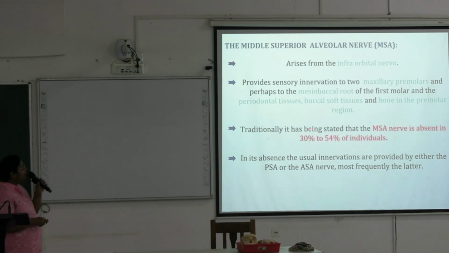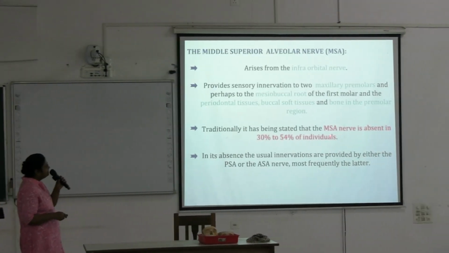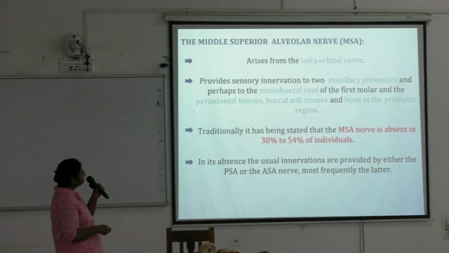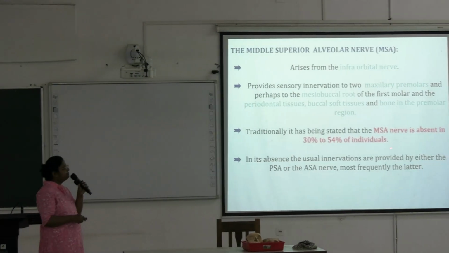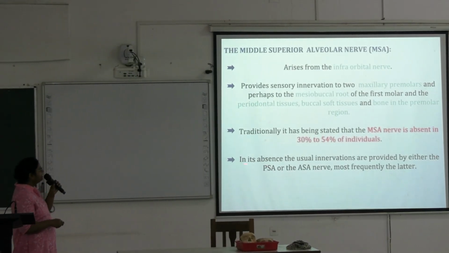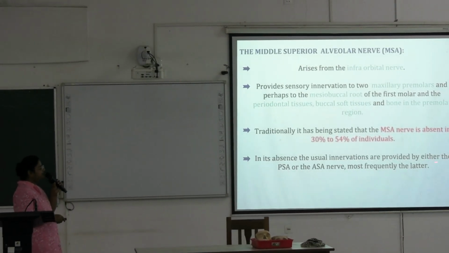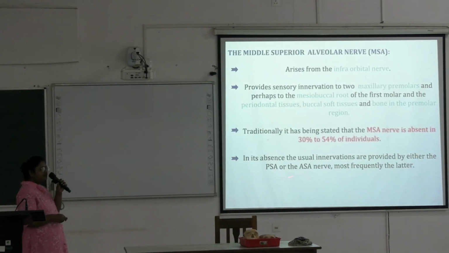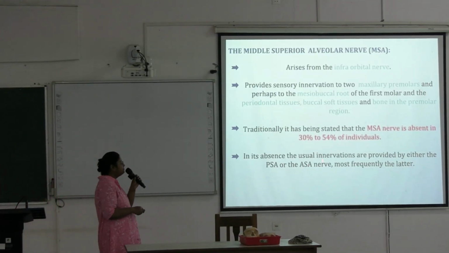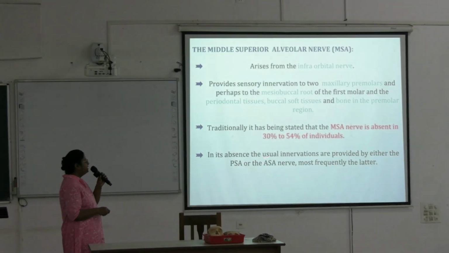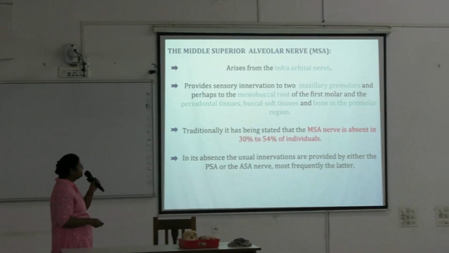Traditionally it has been stated that middle superior alveolar nerve is absent in about 30 to 54% of individuals, and in its absence the usual innervation is provided either by posterior superior alveolar or anterior superior alveolar, most frequently by the latter one.